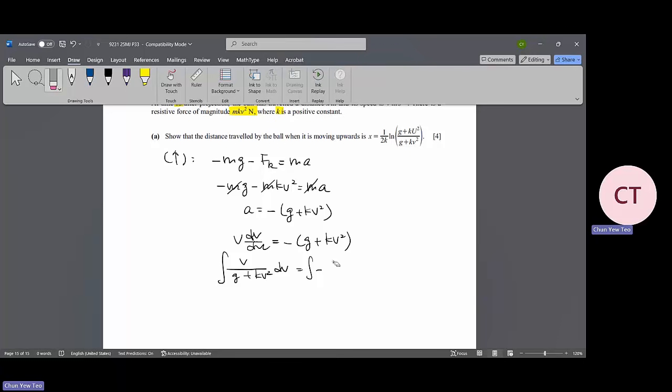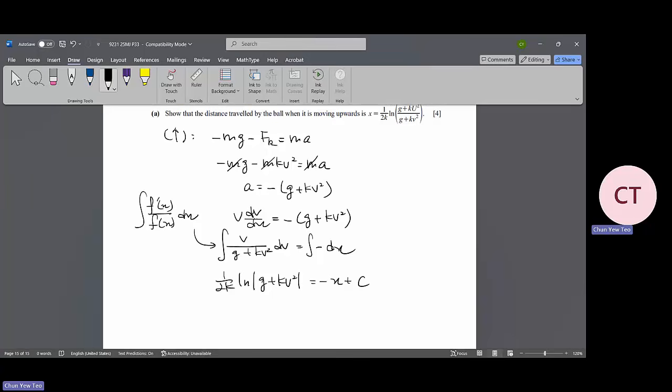Negative dx. So just integrate using the formula correctly. I'm using the f prime over f formula. Using this formula to integrate, I will get 1 over 2k ln modulus g plus kv squared equal to the negative x plus c.